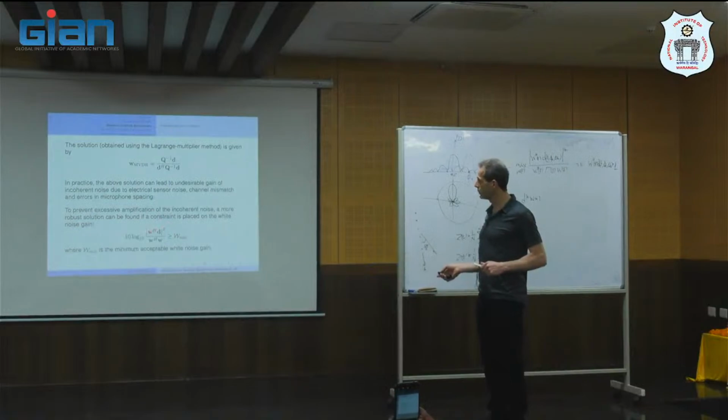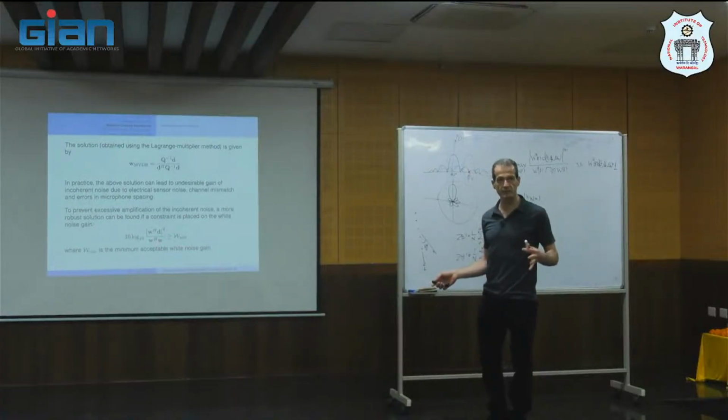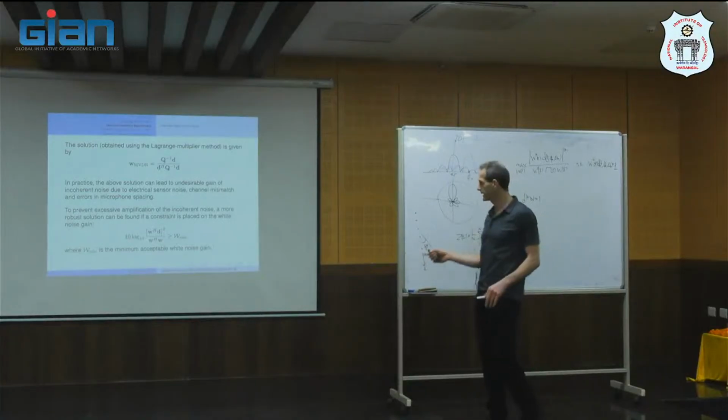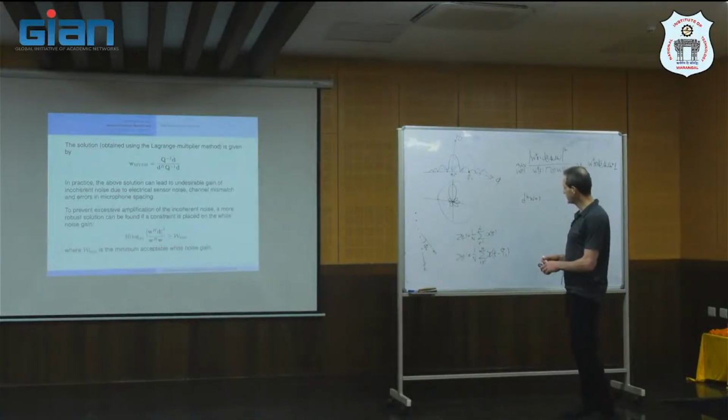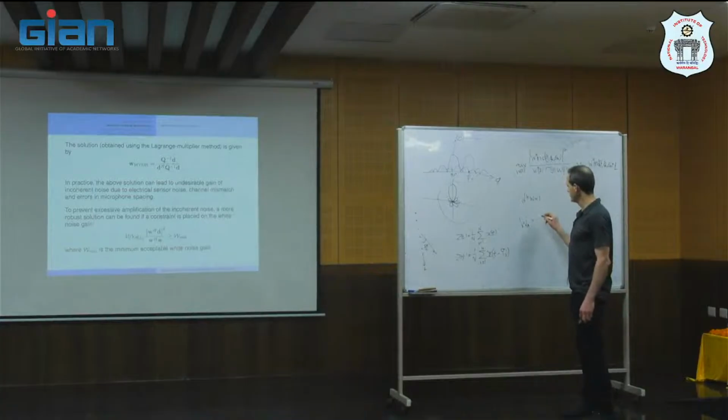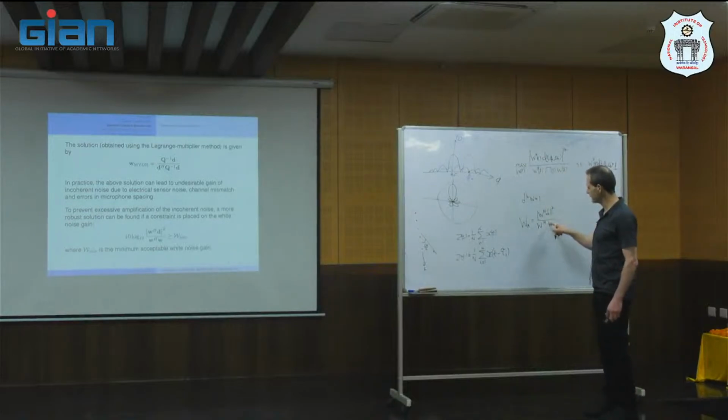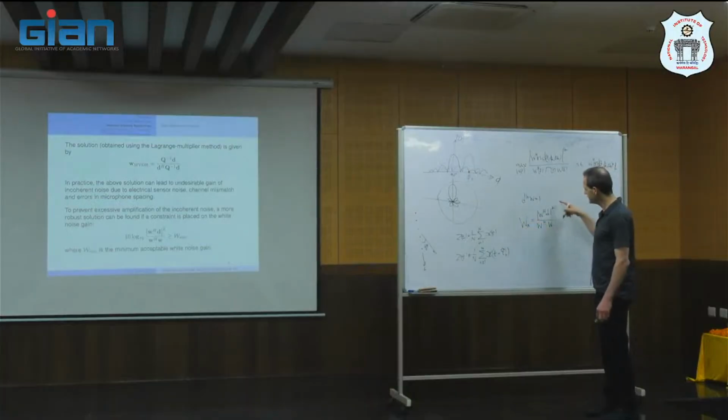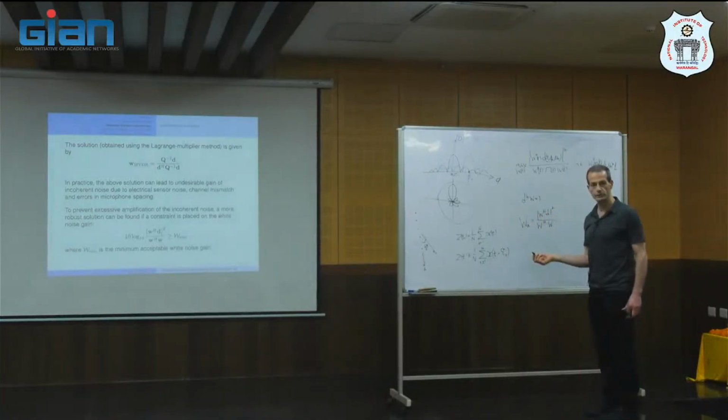If we put the identity matrix here instead of Q or gamma, the white noise gain of the array will be the magnitude squared of W^H D divided by W^H W. So this is the array gain for spatially white noise, for thermal noise.